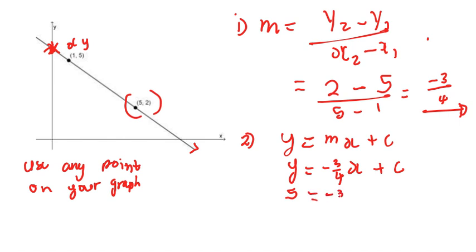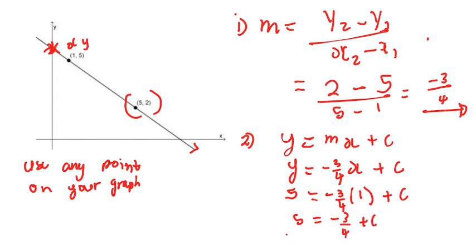5 equals negative 3 over 4, and our x in brackets, I should put 1, plus c. Then I can multiply here. Anything multiplied by 1 is just negative 3 over 4 plus c. I transpose this to the other side.